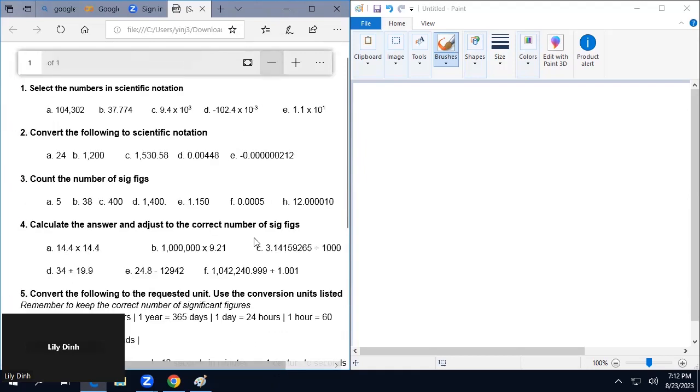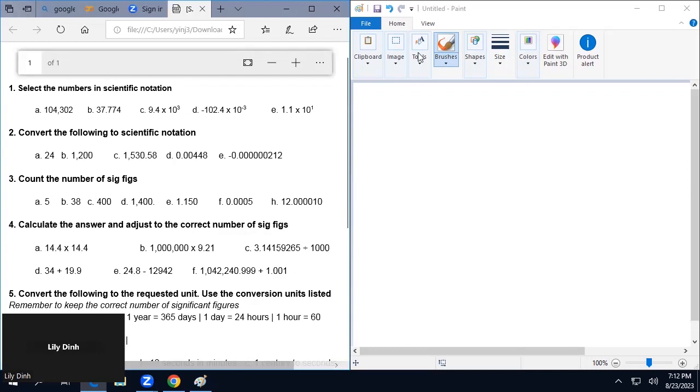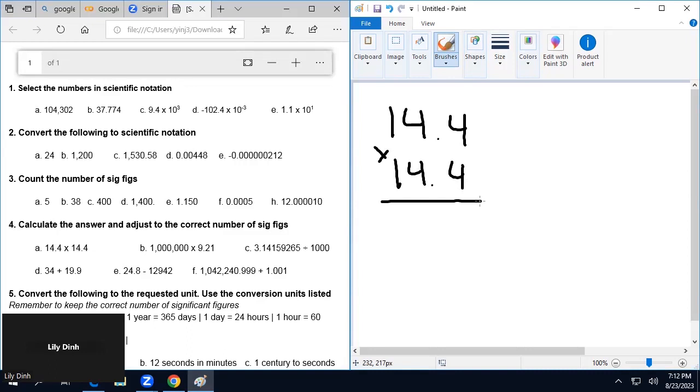We're going to calculate the answer and adjust to the correct number of sig figs. We have a calculator for this one. The answer is 207.36, but if I round it, it's going to be only one digit at the last decimal, because there's only one.